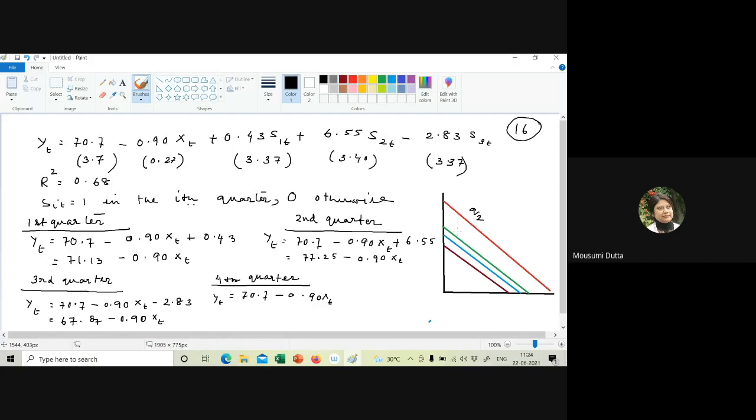Green one is the first quarter. Blue one is the fourth quarter. And this is Q3.